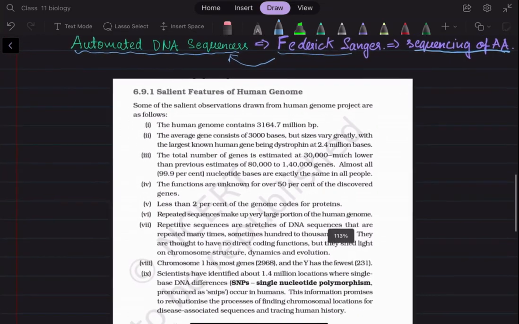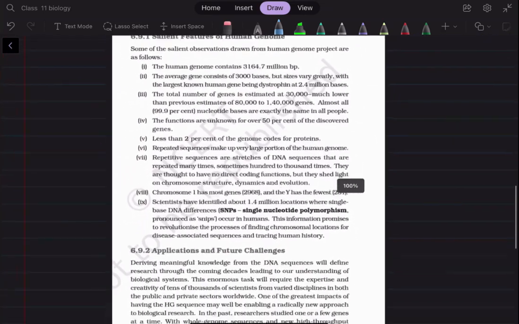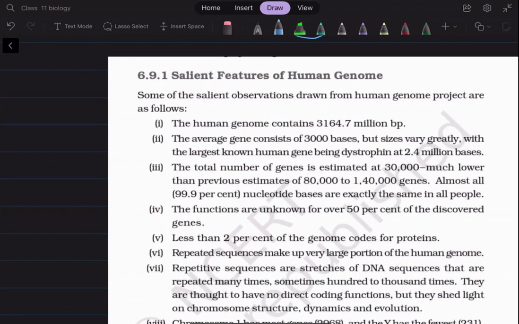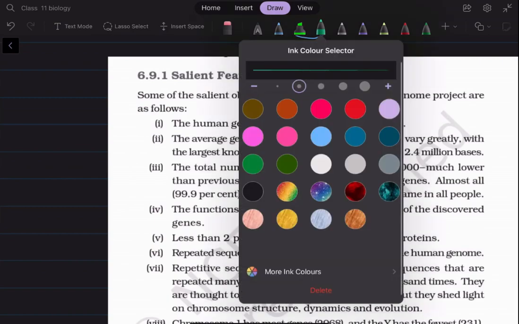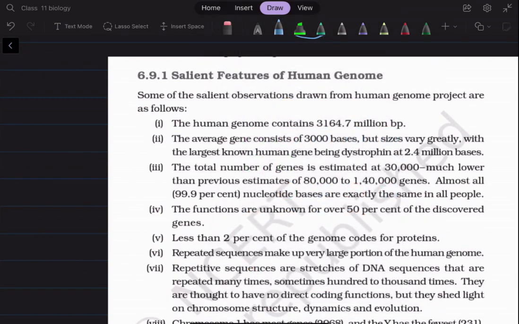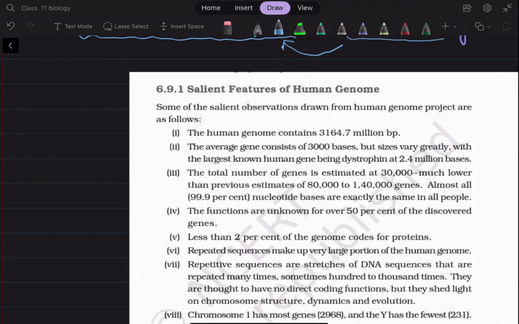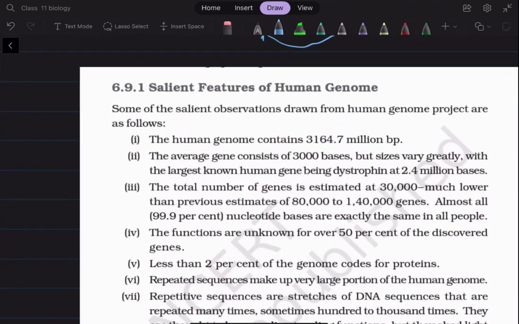Moving on to some important features of the human genome. After sequencing the entire human genome, they had the following data. First of all, the human genome contained about 3,164.7 million base pairs.